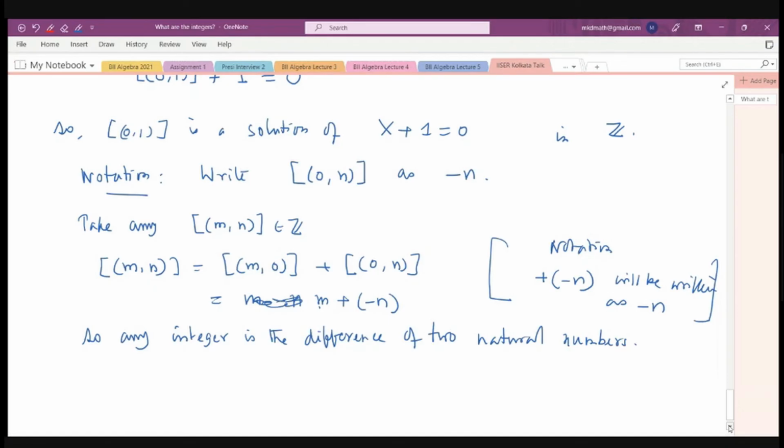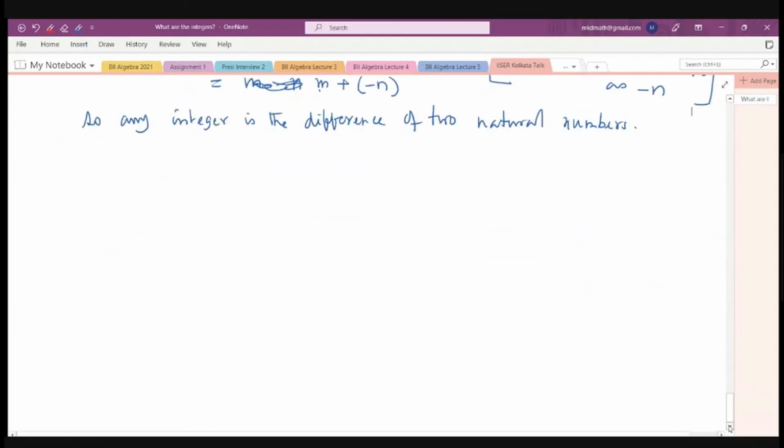So now you know what the integers are. How much time do I have? I have 6 more minutes. So I don't want to get into monoids or things like that, but maybe I'll just mention one point. A monoid is a set, obviously non-empty.